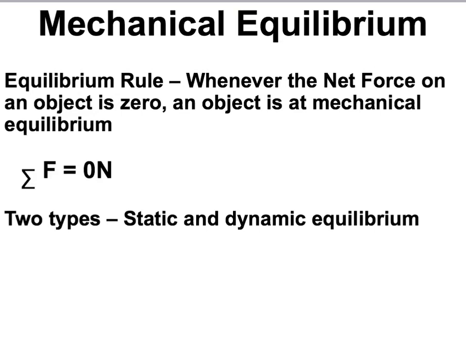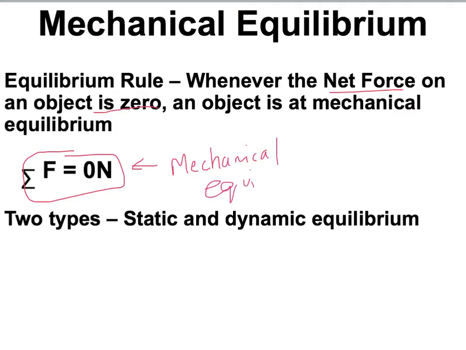So, the equilibrium rule says that in order for an object to be in equilibrium, the net force on it has to be 0. So when an object has a net force of 0 newtons, it's going to be in mechanical equilibrium. Now that doesn't mean that there's no forces on the object, it just means that the forces are in balance.